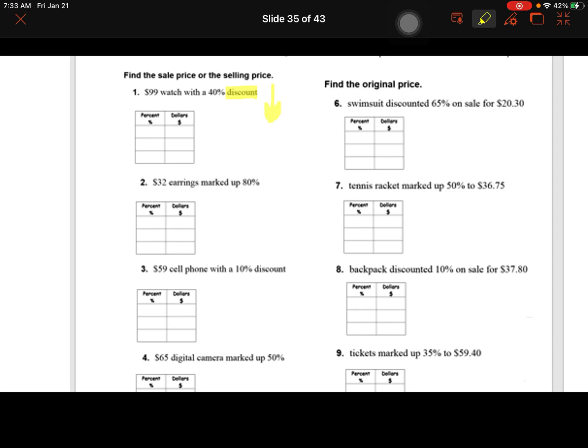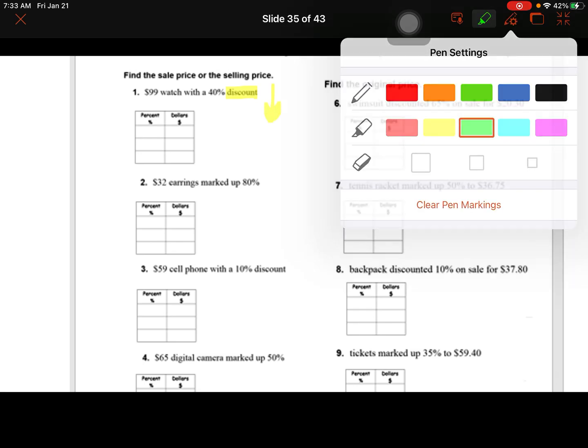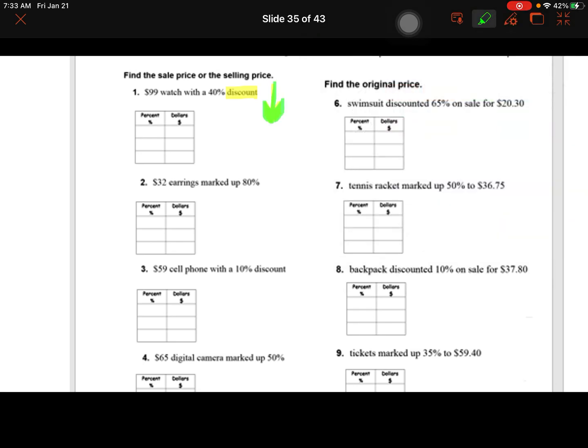In this case, this is a discount, which means it's going to go down. Choose a different one. So it's going to go down. This one is a markup, so this is just like what we did today, which is going up. And this is a discount, which means it's going down. So even grab a highlighter and pay attention to that. Same thing on the other side: discounted, we're going down; markup, we're going up.